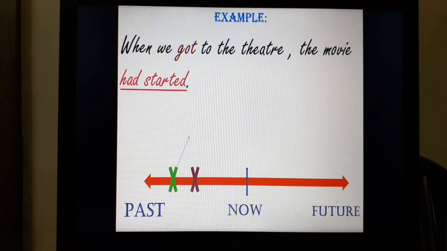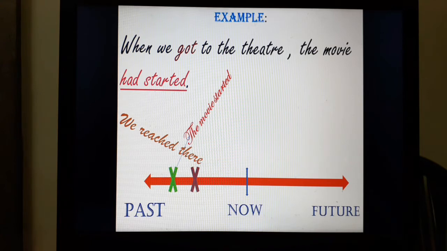Here it means that the movie started before we reached the theatre. So, the movie started first and then we arrived there. When we have two actions in the past, we use the past perfect tense to clearly show which action happened first.